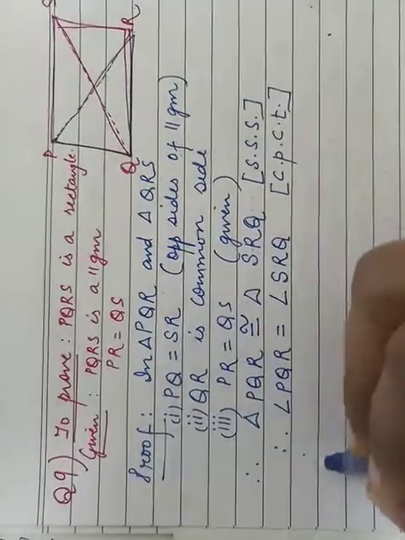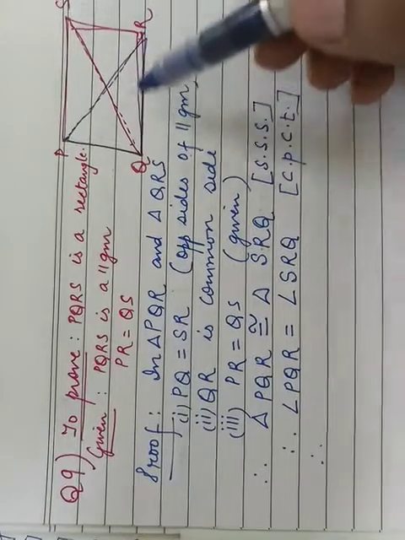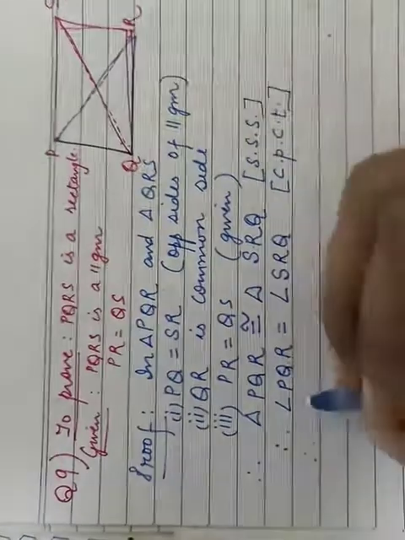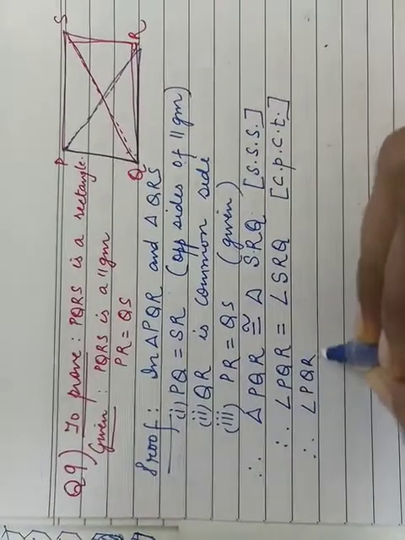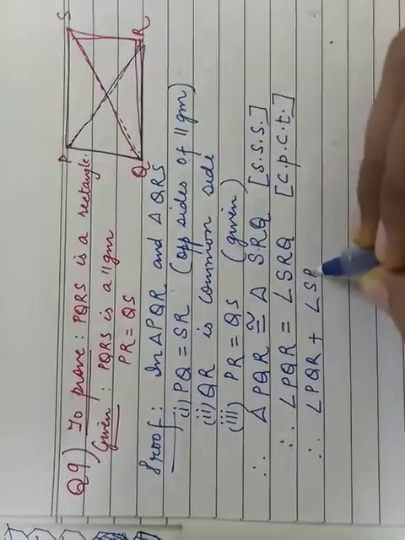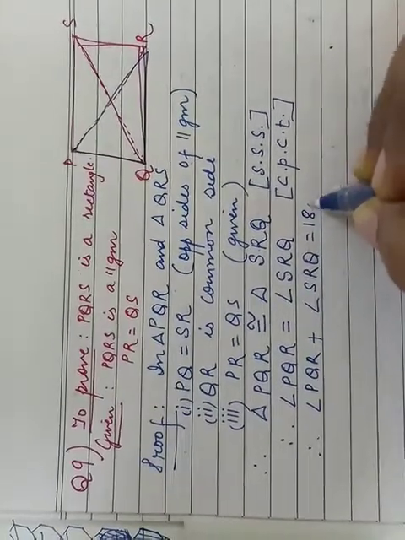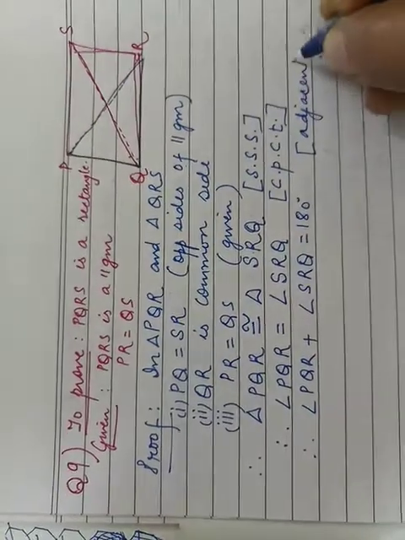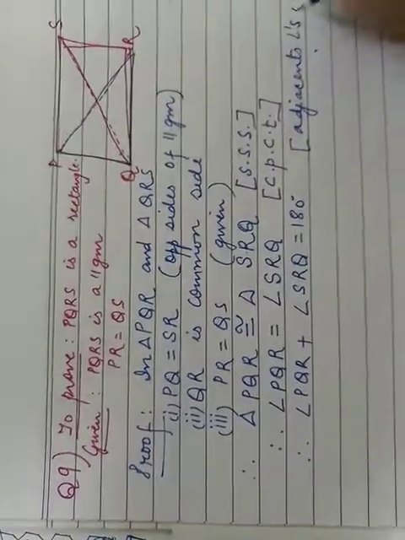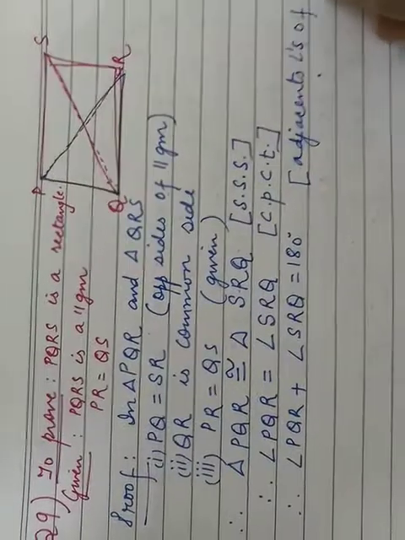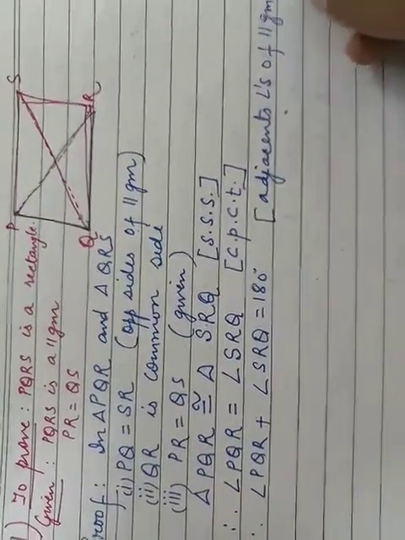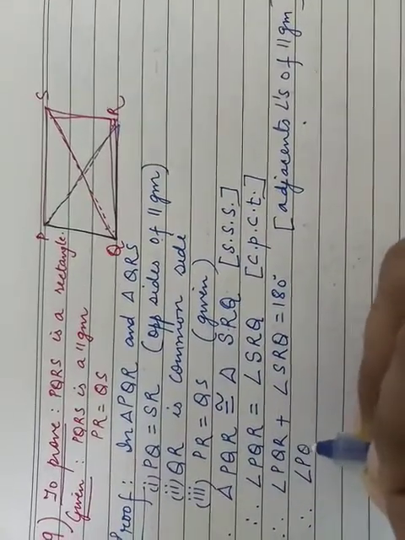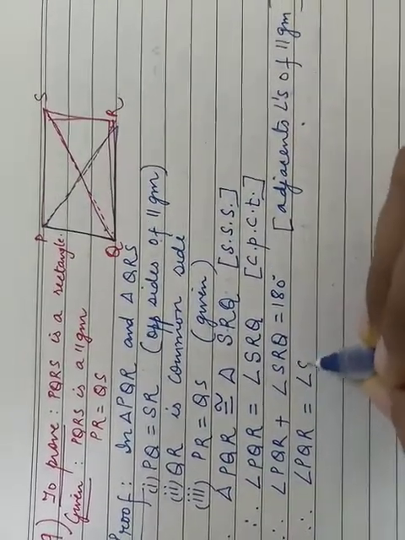But we know the sum of adjacent angles of a parallelogram is supplementary. This is the property of a parallelogram. Therefore, angle PQR plus angle SRQ is equal to 180. Reason: adjacent angles of a parallelogram. Therefore, angle PQR is equal to angle SRQ.